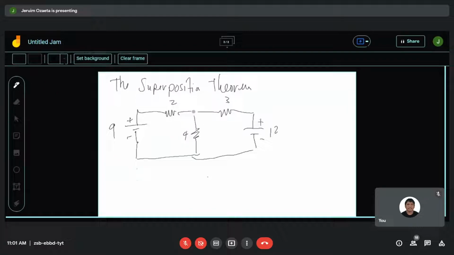Kaya sabi ng Thevenin, Nortons, lahat naman na sources magko-contribute ng current, except the approach in the superposition theorem is different.